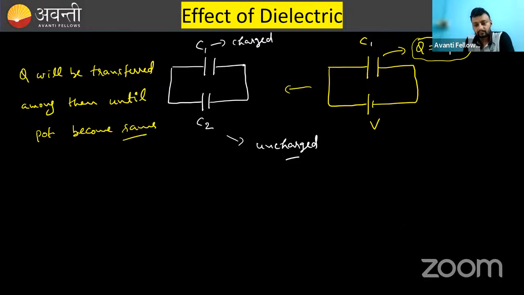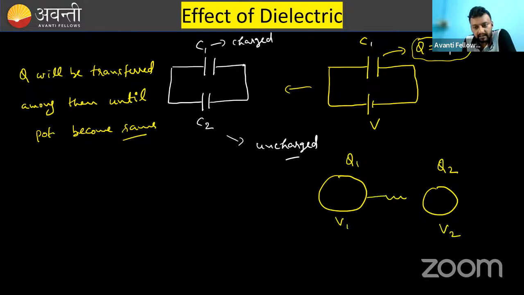Clear? In the same way, there might be two conductors. This is conductor 1, this is conductor 2. This has Q1 charge, this has Q2 charge, with potentials V1 and V2. If these two conductors are connected with a wire, then charge will be transferred from one conductor to the other until the potential of both becomes the same.